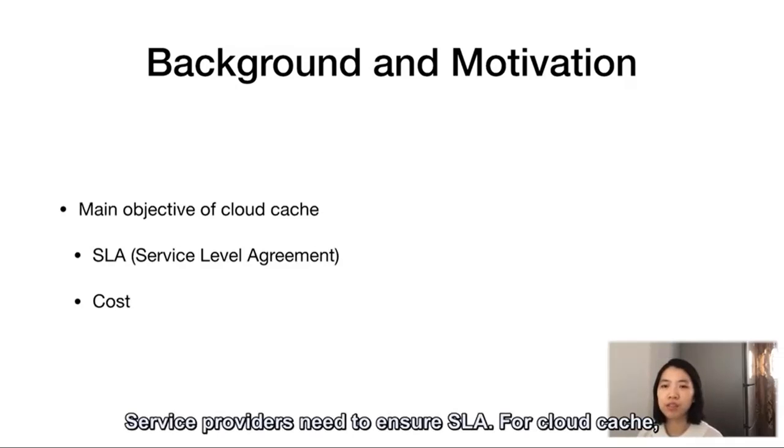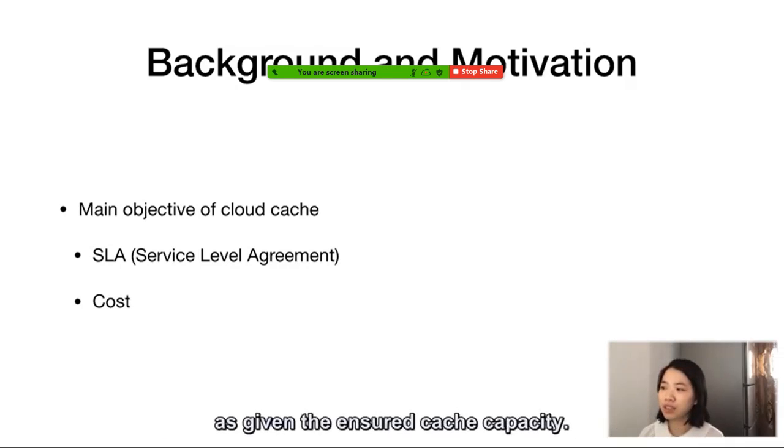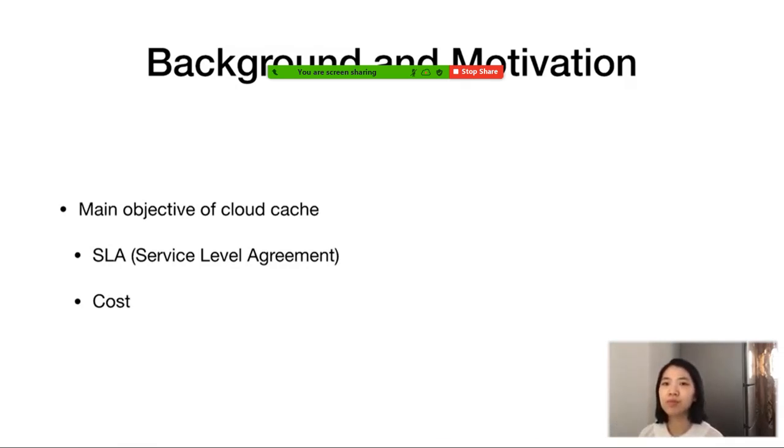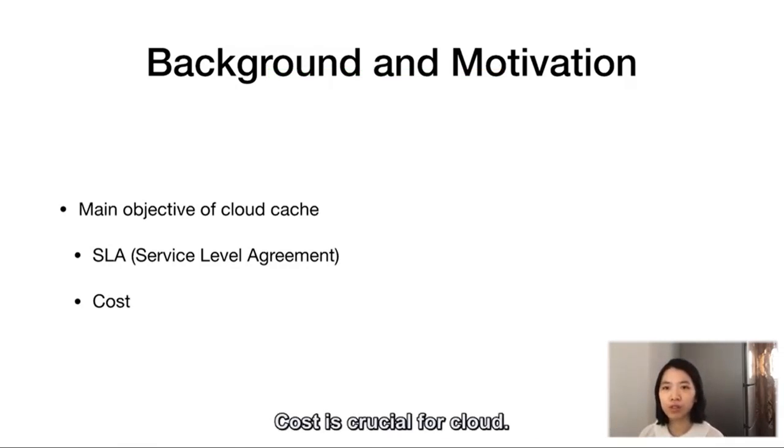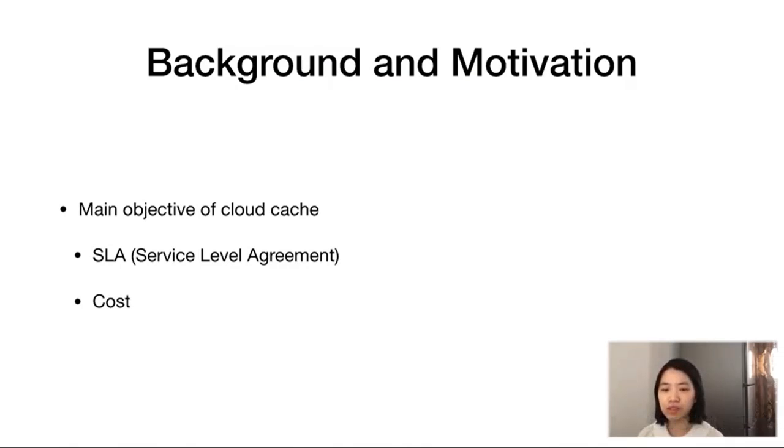Service providers need to ensure SLA. And for cloud cache, SLA usually means that the user will get the same performance as given the ensured cache capacity. Cost is crucial for cloud. Service providers with lower cost can provide lower prices or make more profit.